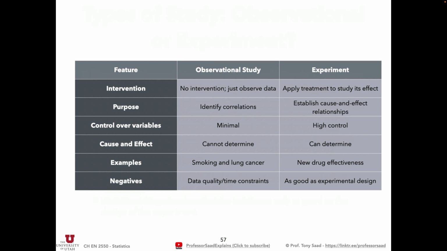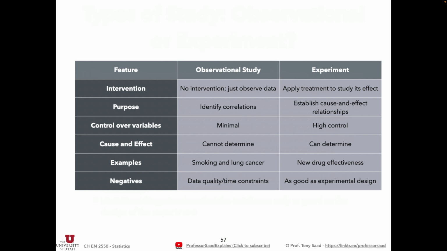But it's unethical to tell people to smoke and measure if they get lung cancer, right? So you can't do an experiment by making people have lung cancer. But what you can experiment on is administering a medication to those who have lung cancer. Does that reduce the incidence of, et cetera?